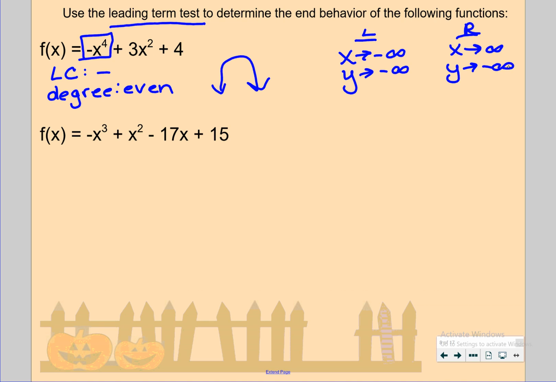Well, there's stuff in the middle we don't know. Right now we're focusing on the ends. Tomorrow we're going to add the middle, and then we'll have a whole polynomial. Okay? All right. Try the next one. Find the leading term. Determine if the leading coefficient is positive or negative, and if the degree is even or odd. Find your end behaviors.